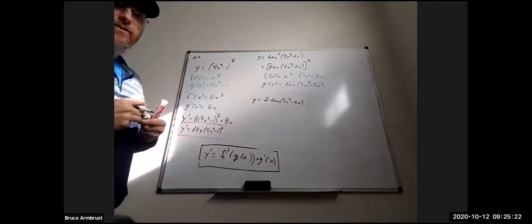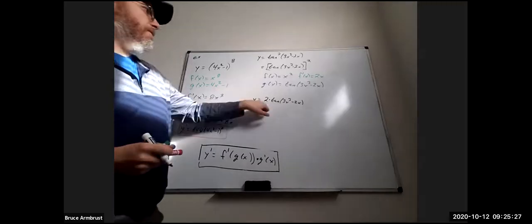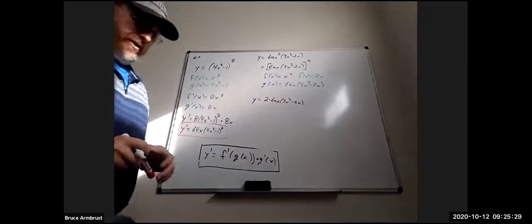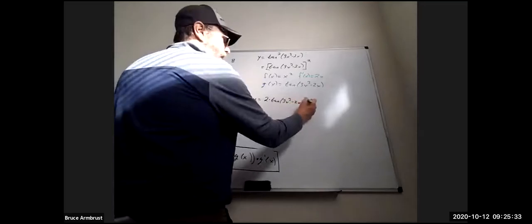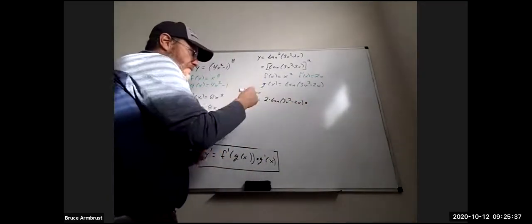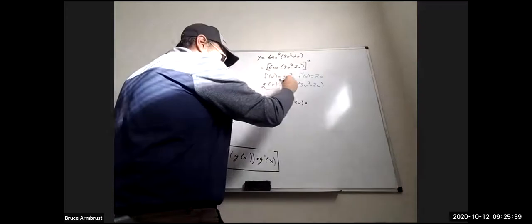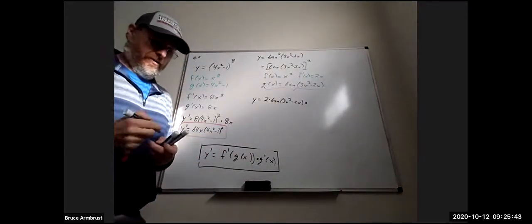All right, the derivative of x squared is 2x. So I've got 2 times what's on the inside. But now I need to multiply by the derivative of g. So I need to take this guy and I need to differentiate it.